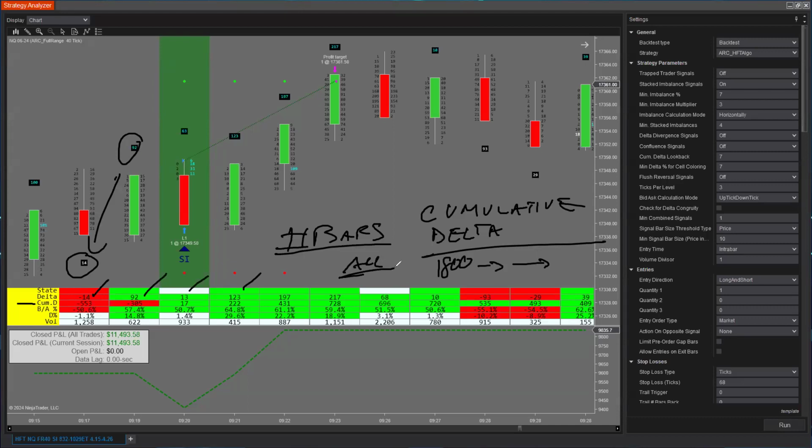Well, if we're trading at 10 a.m. on NQ, do we really care that much what happened at 3 o'clock in the morning? No, not really. That's not telling us what's happening now. Sure, it's great if you're trading on a 30-minute candle, but these are 40 tick range bars. So we don't want to know what's going on that far back. So we want to set the number of bars to calculate the cumulative delta.